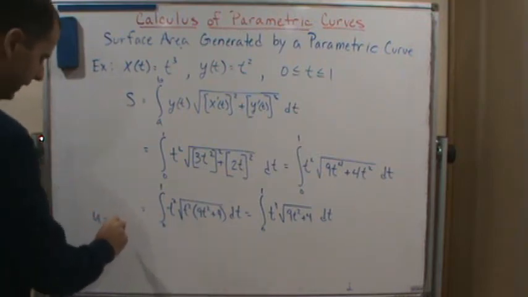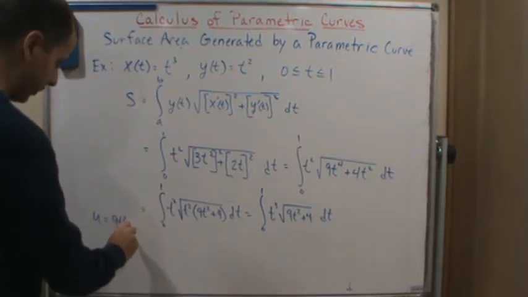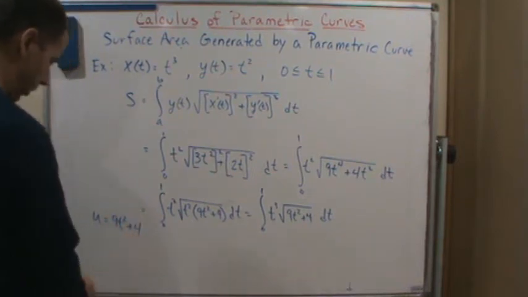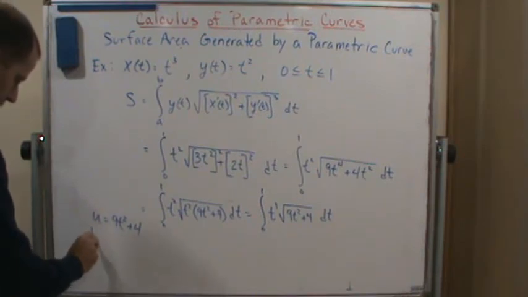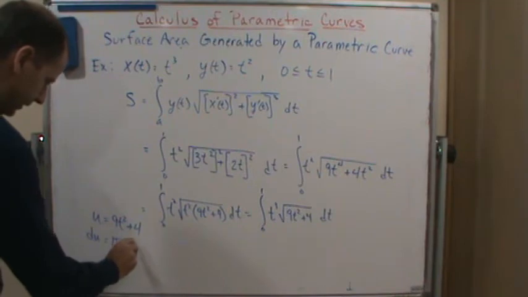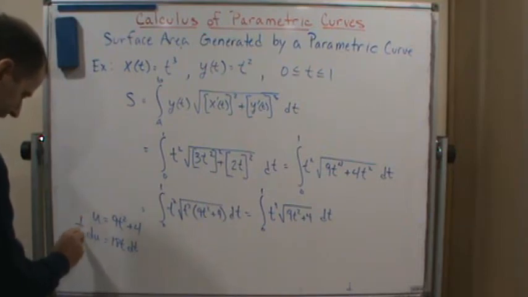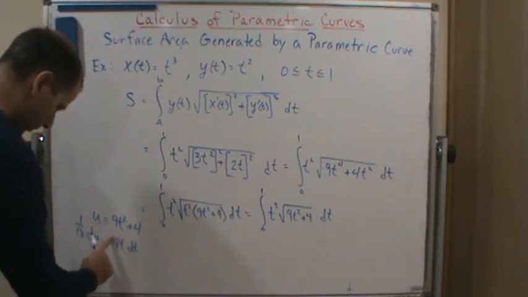So u equals 9t squared plus 4, which means du is going to equal 18t dt, which means I can change this to 1/18 du.